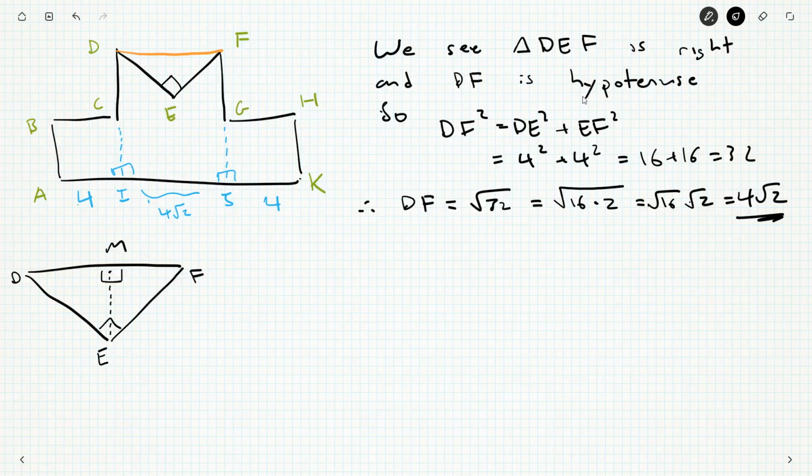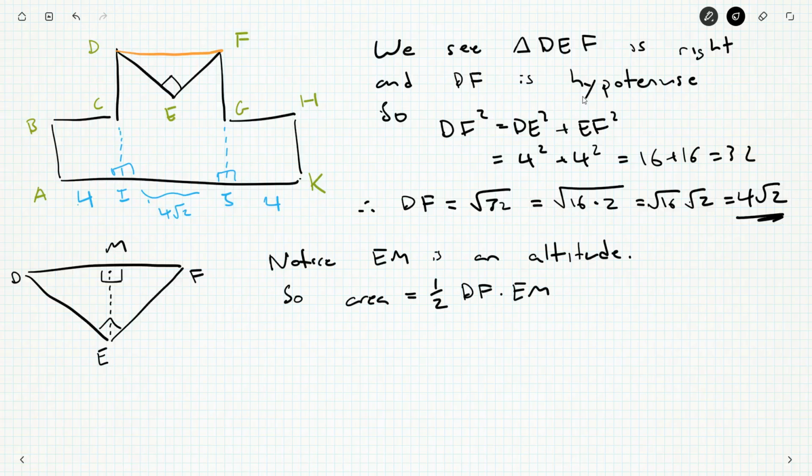So I'm going to say, notice EM is an altitude. So the area of DEF is 1/2 base DF, which we just calculated, times height, which is EM. But this area is also equal to 1/2 DE times EF, since DE and EF are perpendicular, so we can consider one of them a base and one of them a height.